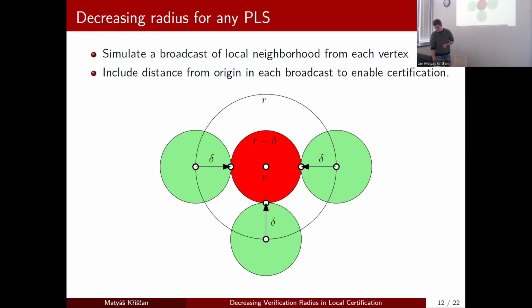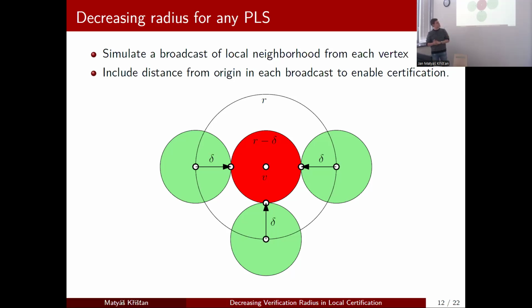So here is a rough illustration. Originally the V node saw to distance R, but now it sees only to R minus delta. The idea is that this now missing information will move to certificates. One difficulty is that if it is in the certificates, we cannot be sure that it is true. So there has to be some certification going on.